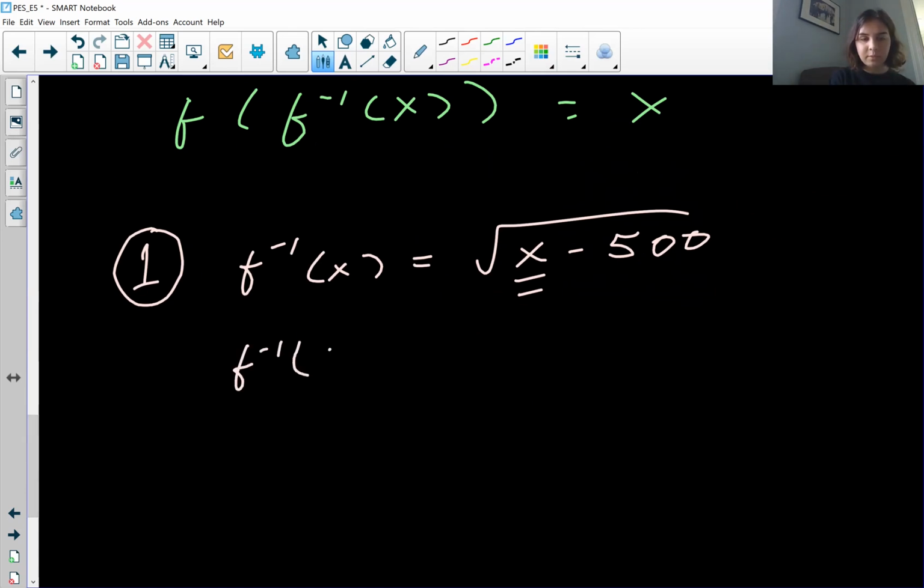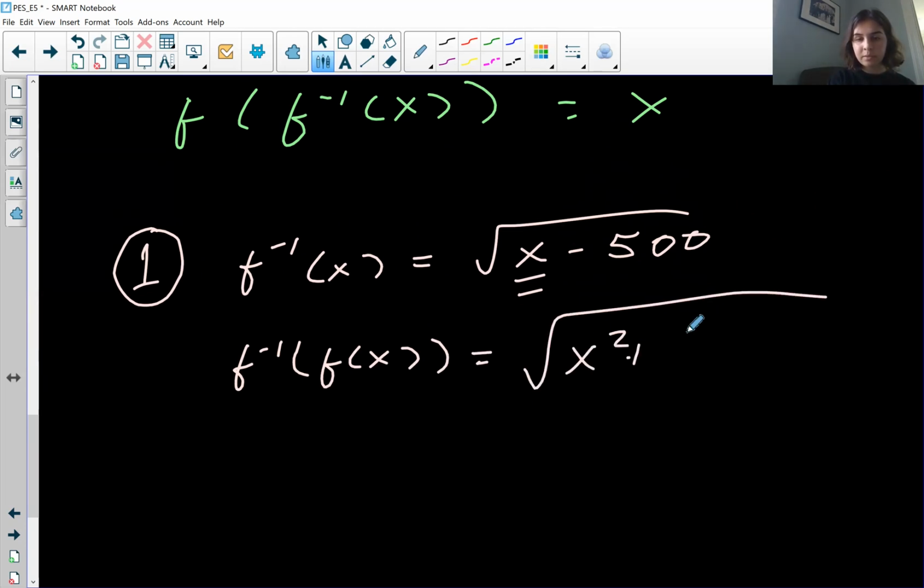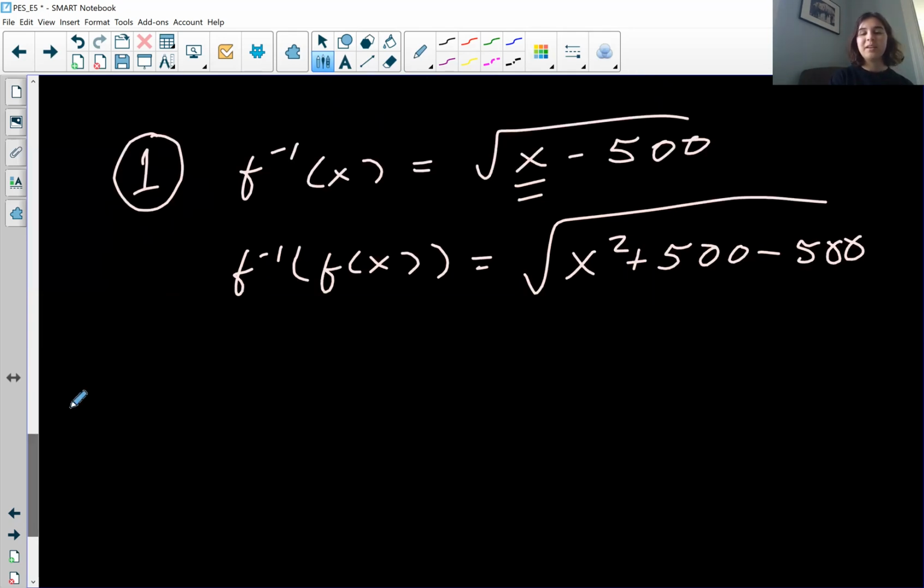So f inverse of f of x is going to equal the square root of x squared plus 500 minus 500. And this is really satisfying. I'm not sure why, doing the composition, because everything cancels, but the 500s cancel. Square root of x squared is just going to be equal to x. So that checks out.